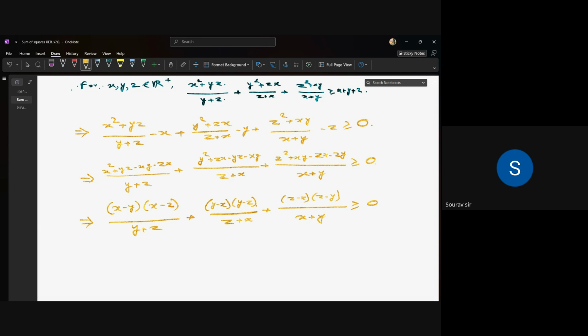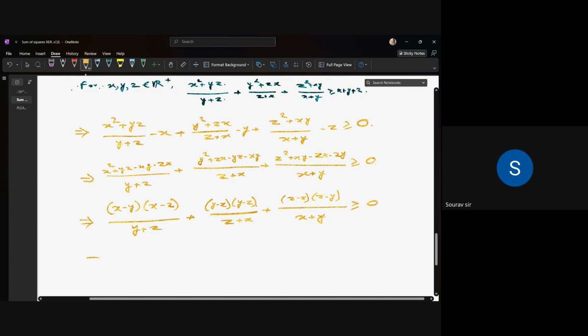If we combine all the denominators, our denominator will be the LCM of all these.